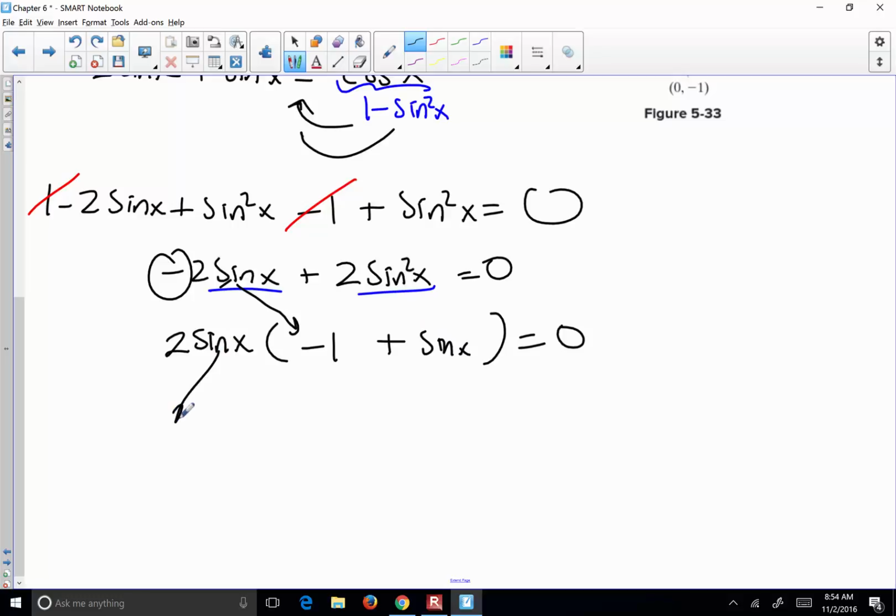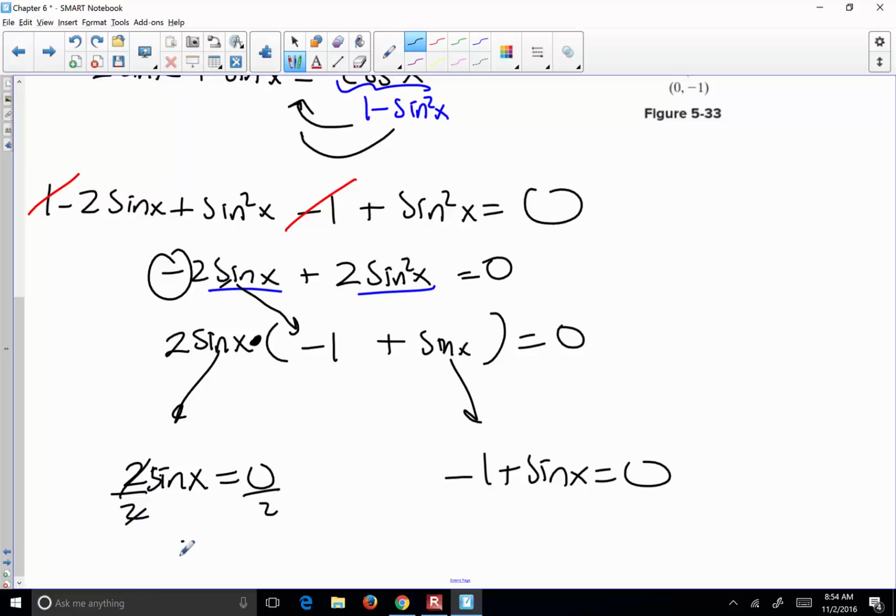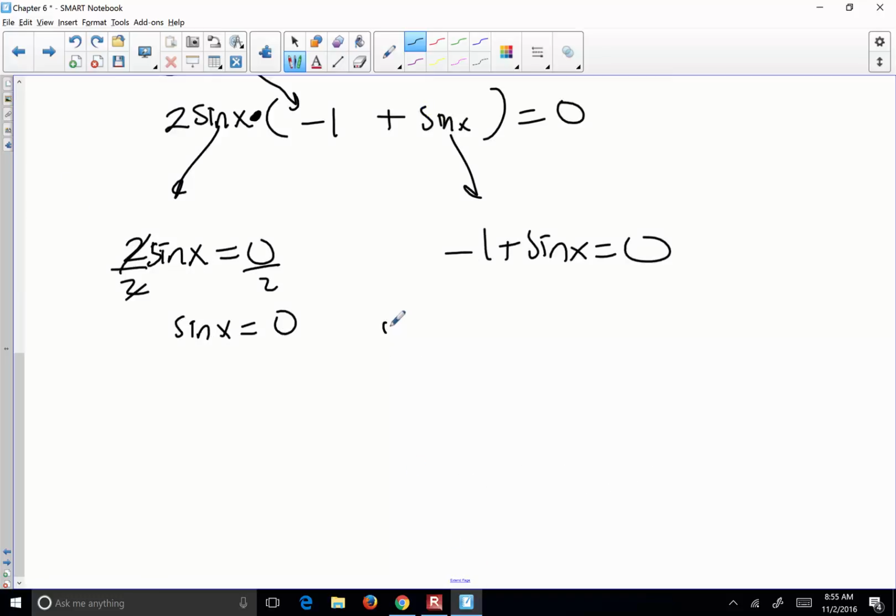And now I can set each into 0 because this is a product. When things turn into product, you feel free to split into their own zeros. Now I can divide both sides by 2. And voila, we have 2 simple equations.